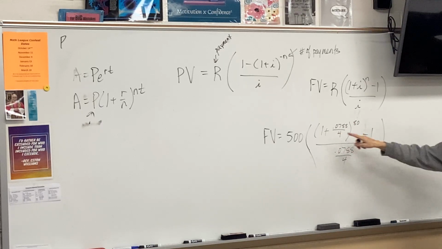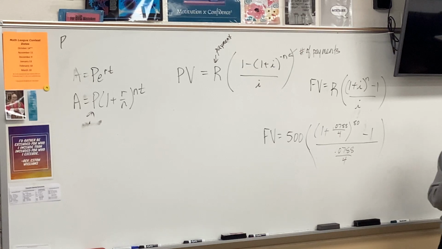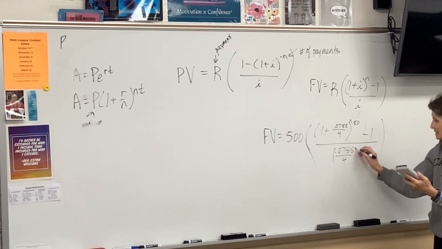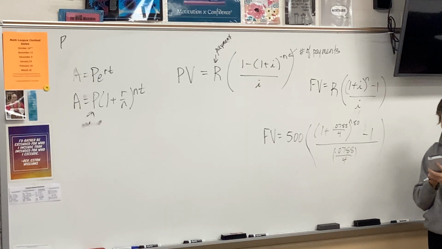So I'm going to type parentheses 1 plus 0.0788 divided by 4, close the parentheses, raise to the 80th power minus 1, and hit equals. Then I'm going to divide that by parentheses 0.0788 divided by 4.